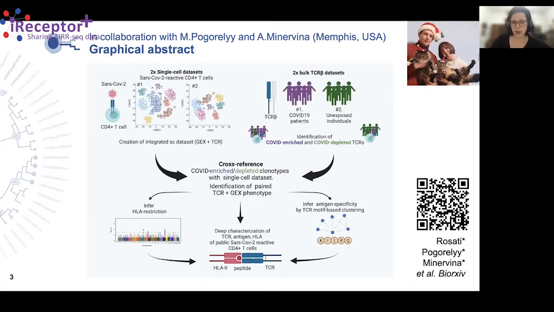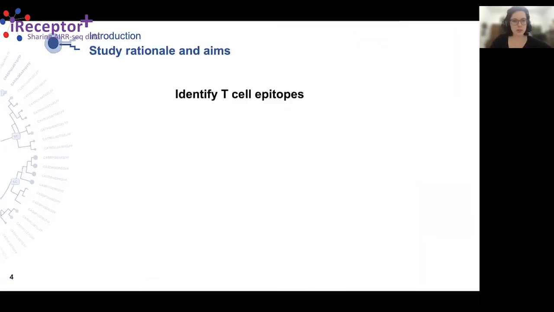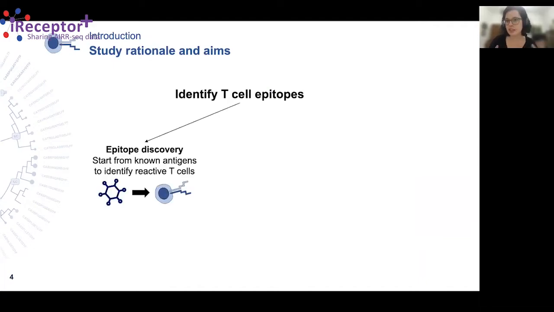And why is that? Because there is one main method with which we identify T-cell epitopes nowadays, what we call the standard epitope discovery: you have your antigen of interest and you stimulate T cells, so you find out that these T cells react to your antigen.